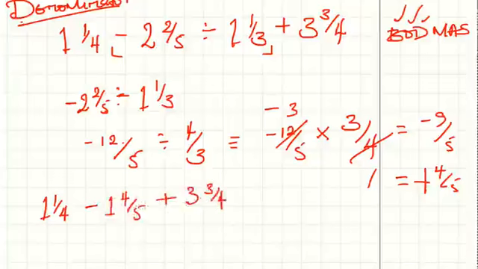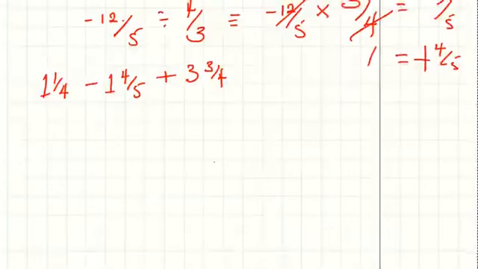We move on. We don't have multiplication, however we have addition. So we are adding negative 1 and 4 over 5 plus 3 and 3 over 4.